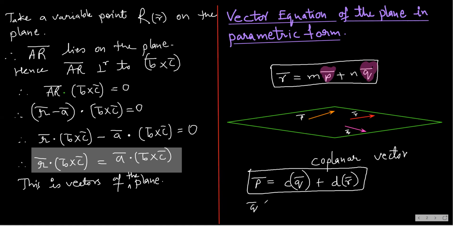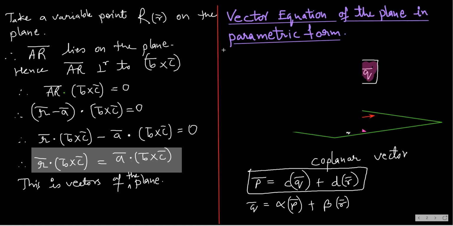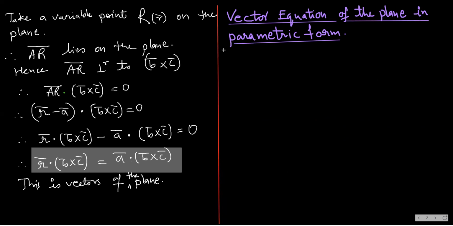Or you can have q bar equals alpha p bar plus beta r bar. So q bar is a linear combination of p bar and r bar. Always remember this. For now, this much is enough. We can go ahead to the theory. This was just a revision for you, that whenever there are three coplanar vectors, one vector can be expressed as a linear combination of the other two vectors.